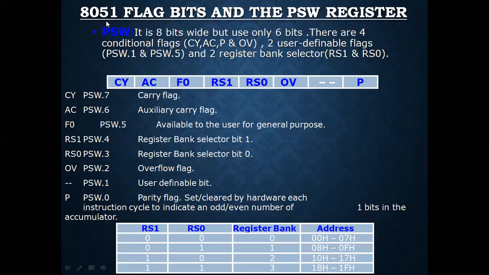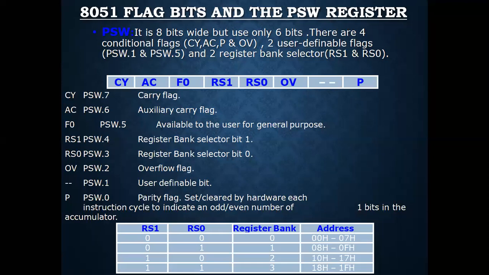You can see the 8051 flag bits and the PSW register. We have already discussed that PSW is 8 bits wide, but we can use only 6 bits. Why 6 bits? Because one bit is ignored, and the general purpose flag we cannot use because it is operated by the power control registers.